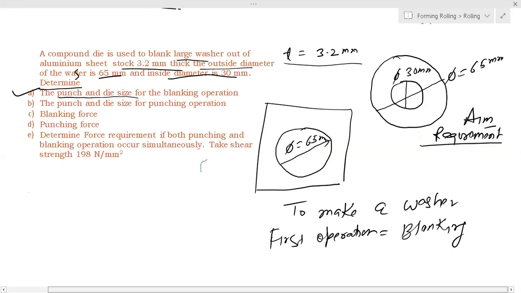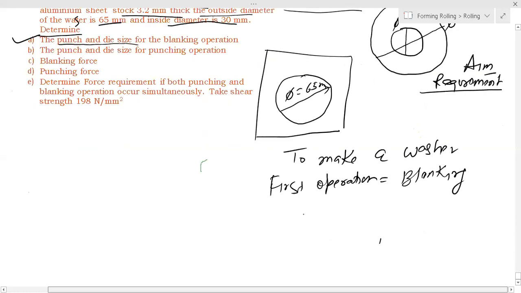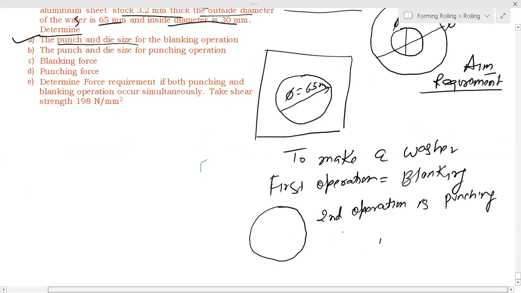Once you get this blank, the second operation is punching.